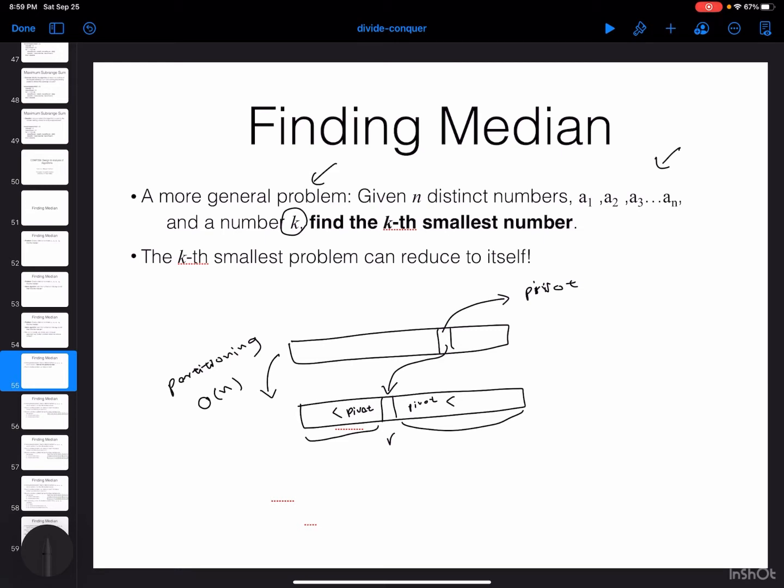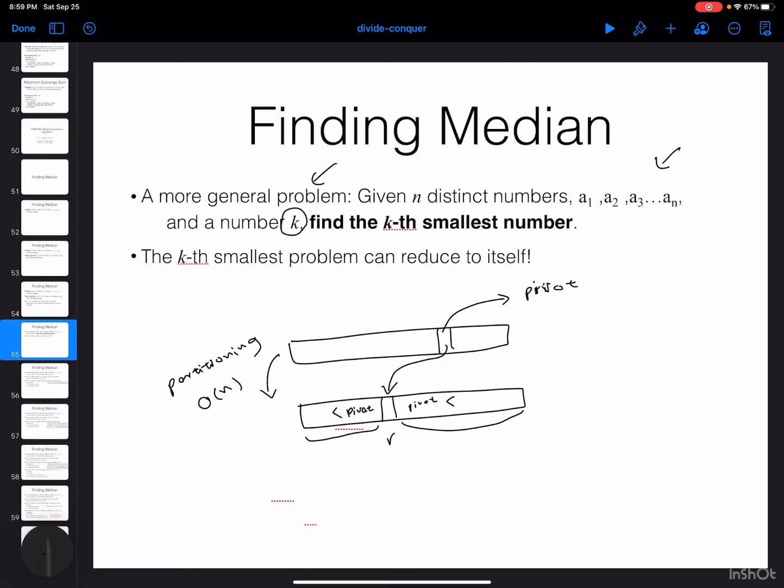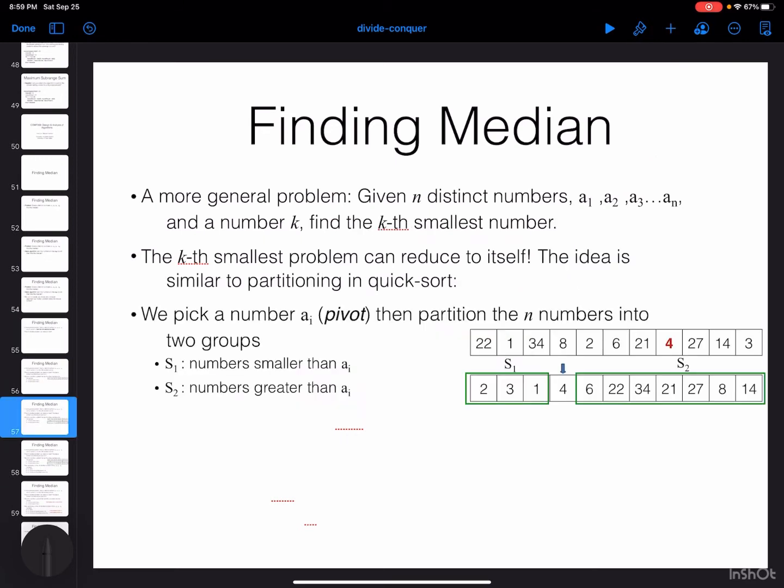So let's put all this information together and see how we can use this approach of partitioning to create some smaller subproblems for the original problem of finding the kth smallest item.